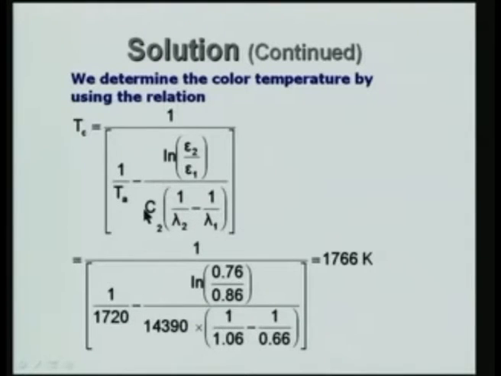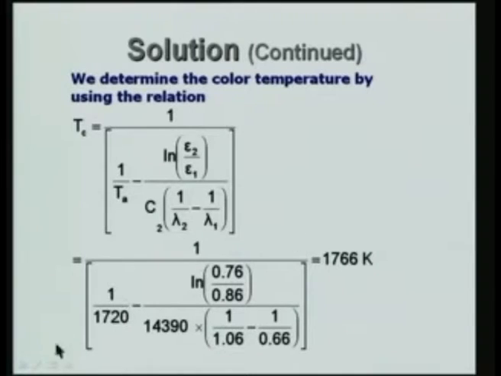So, all I have to do is to substitute the values: 1 over 1720, this 1 divided with the entire thing, minus 14,390 is C2, logarithm of 0.76 by 0.86, this is epsilon 2 by epsilon 1, and lambda 2 is 1 over 1.06 minus 1 over lambda 1 which is 0.66, gives you a value of 1766 Kelvin.